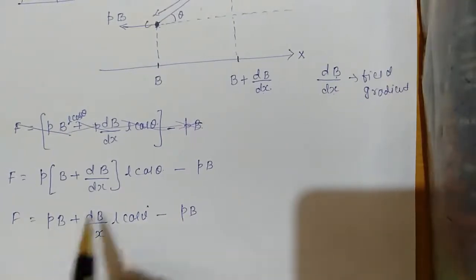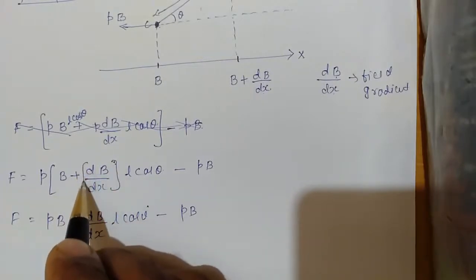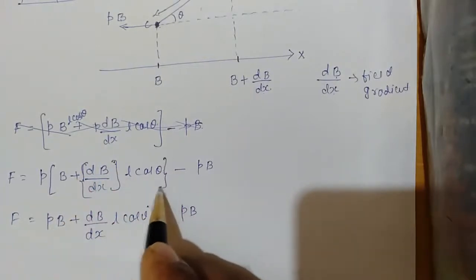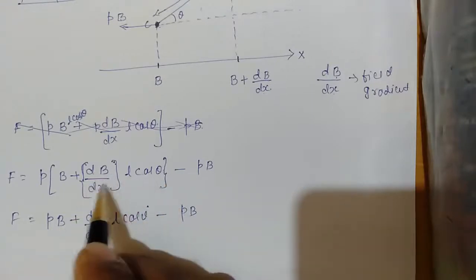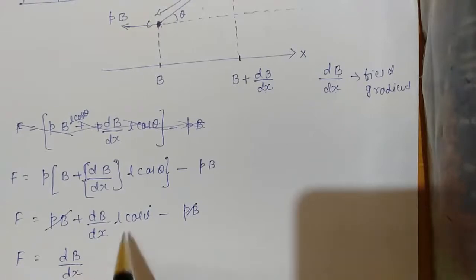Sorry, this L cos theta is only for this dB by dx. So plus PB and minus PB get cancelled, therefore the net force acting on the dipole will be dB by dx into P into L into cos theta.